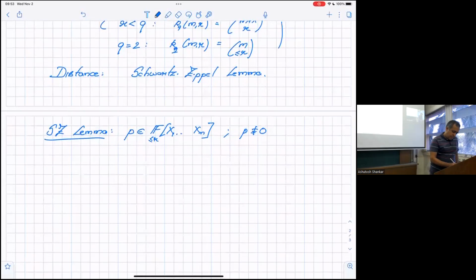We are interested in the probability that if you pick a random alpha in F to the m, P(alpha) is 0.